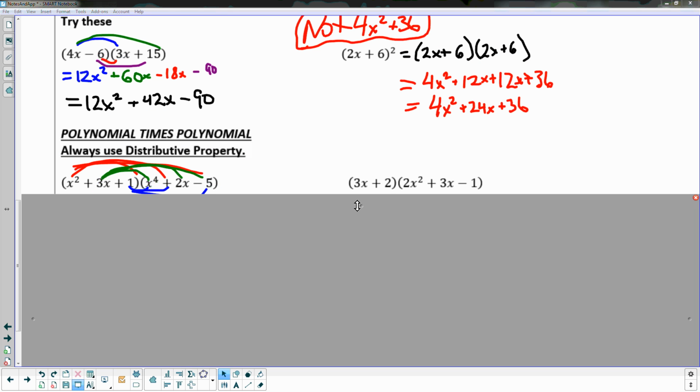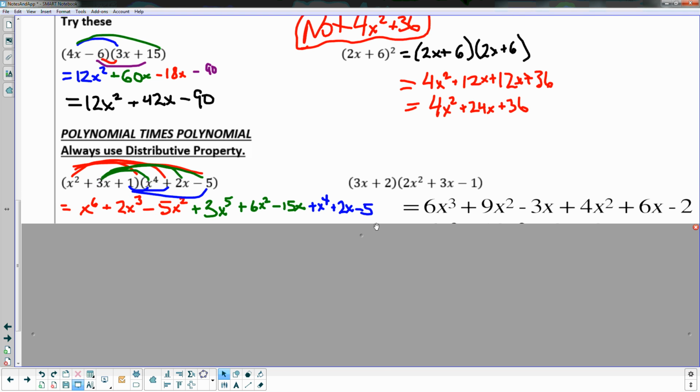Okay, hopefully you had a chance to get that done. What we should come up with on this. For the first step, I've just distributed my 3x into my second set of parentheses, as well as my 2 into my second set of parentheses.